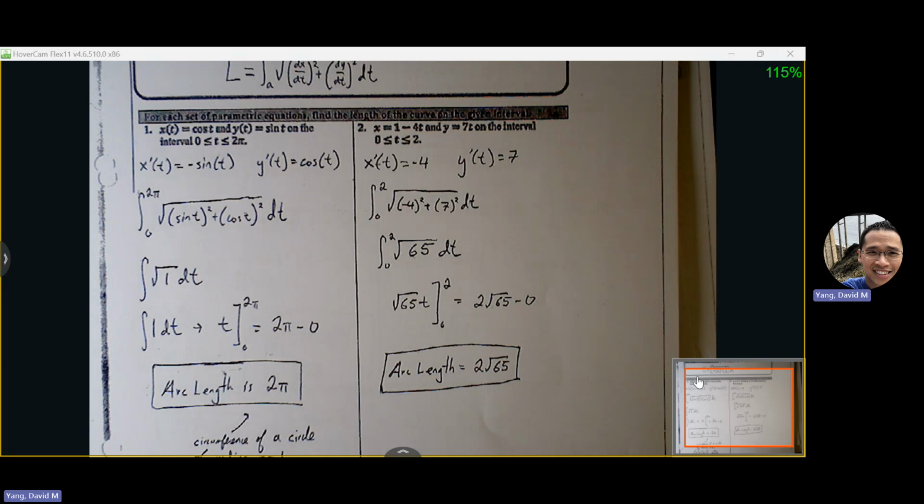Square root of x prime squared plus y prime squared ends up giving us root 65. Root 65 is just a constant. The constant's antiderivative is just a linear root 65t. Plug in my upper and lower bounds. My arc length is 2 root 65.